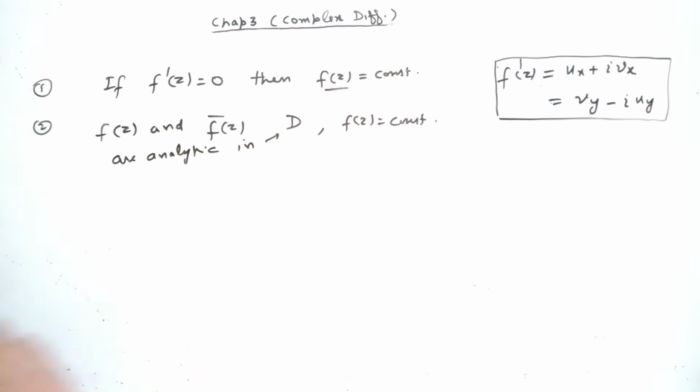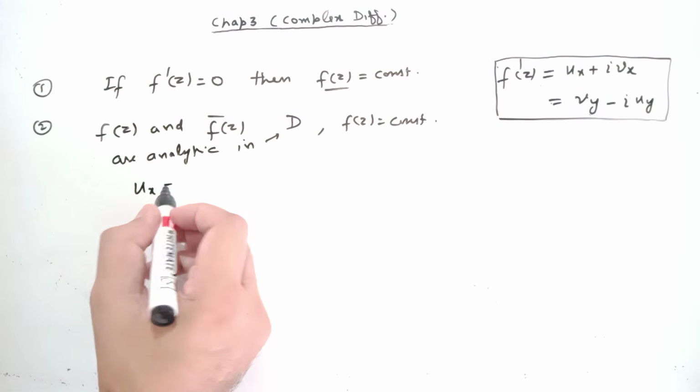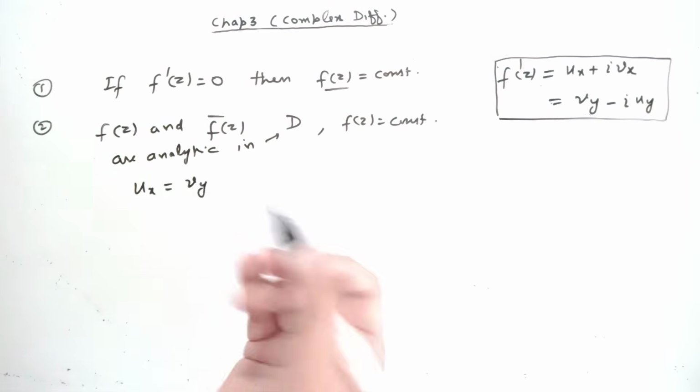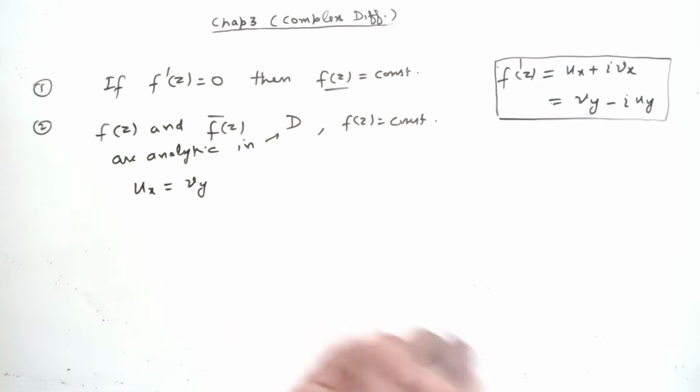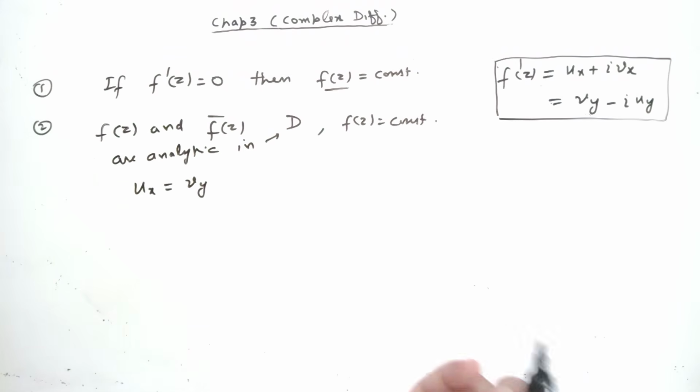How? If f(z) is analytic, then f(z) is differentiable by definition. For a differentiable function, the CR equations are satisfied. You can also say that if a function is analytic, then the CR equations are satisfied, because analyticity implies differentiability and differentiability implies the CR equations.